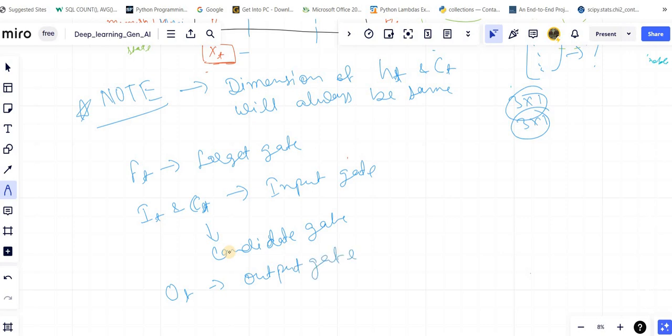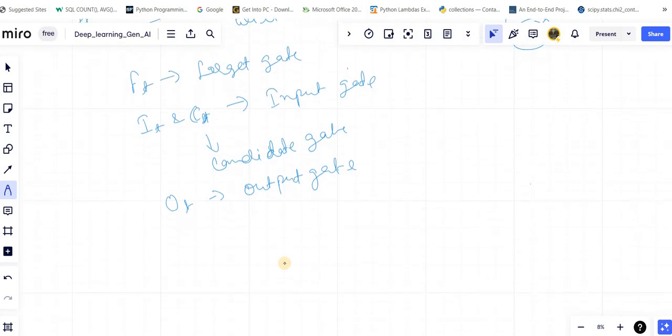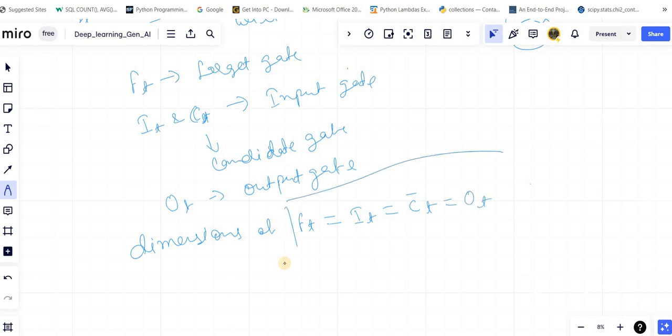So these all above, whatever we saw here, ft, it, ct, ot, are vectors, and the dimensions of ft, it, candidate cell ct and ot will be the same. All these dimensions will be the same.